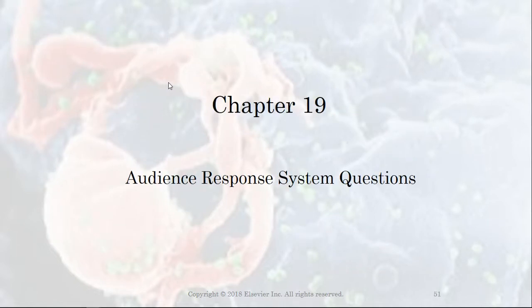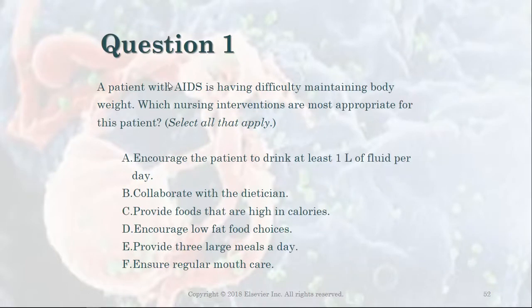So we're going to do some other questions here. A patient with AIDS is having difficulty maintaining body weight. Which nursing interventions are most appropriate for this patient? Select all that apply. Do we want to encourage the patient to drink at least 1 liter of fluid per day? Well, he needs to be drinking more than 1 liter of fluid per day.